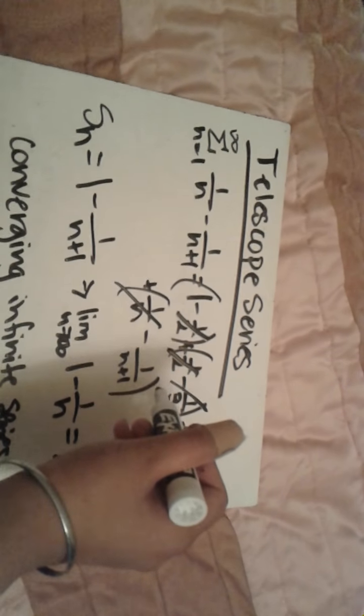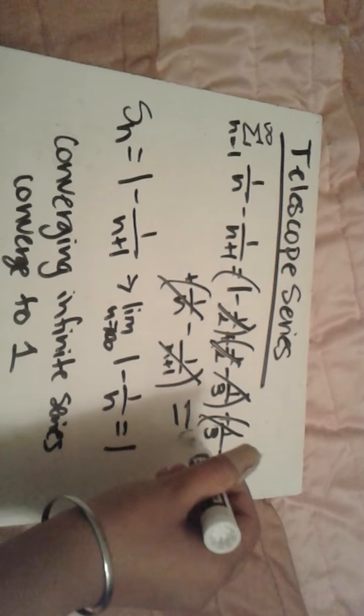And then you could also assume that the negative 1/4 would cross out with the 1/nth, which is the next term. And then already assuming that the negative 1 over n plus 1 would cross out with the next term after that, if you were to continue on the list and plug in more n's.